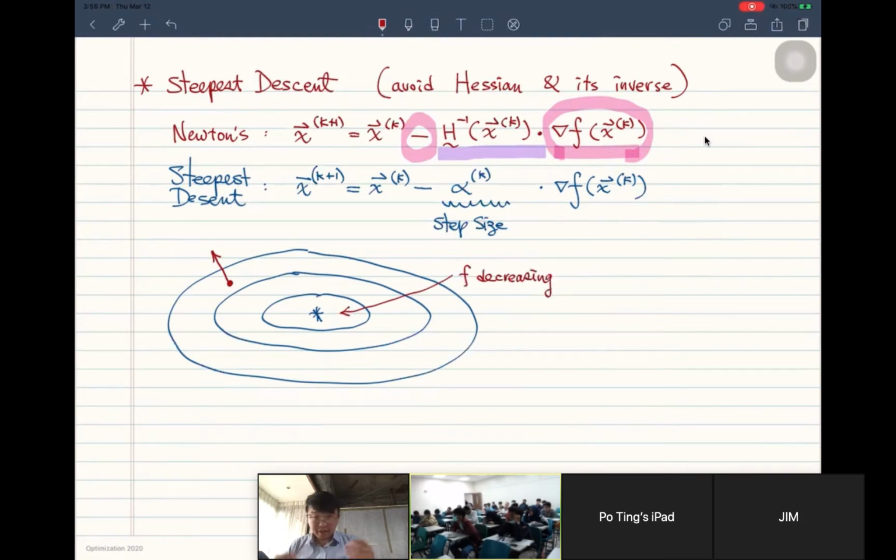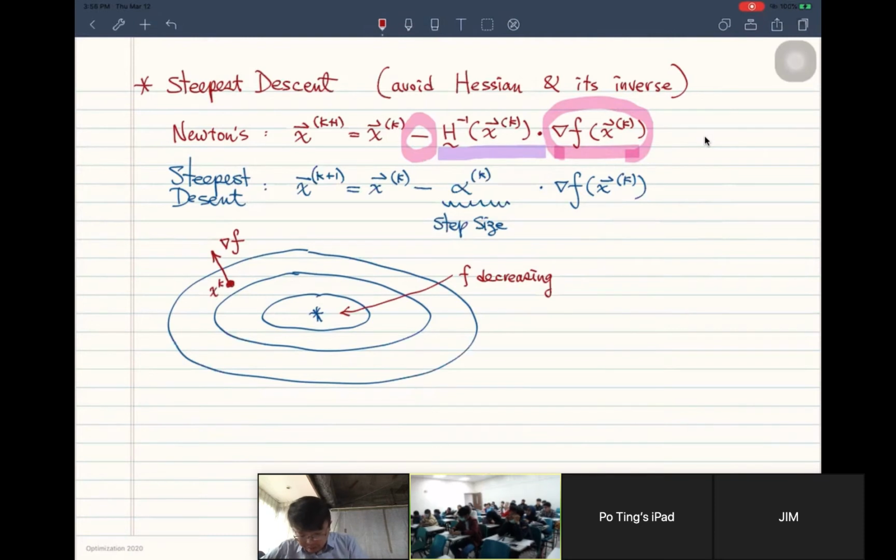Okay, but the gradient vector is facing toward the direction of f increasing. So this is the direction of gradient at some point xk.